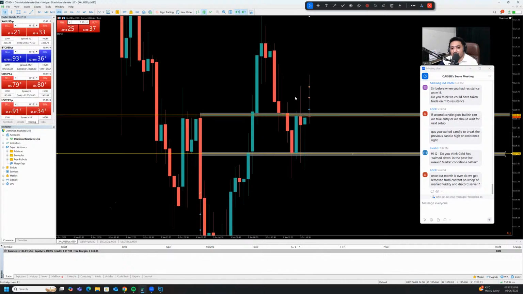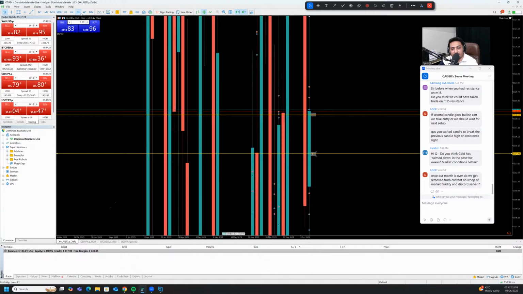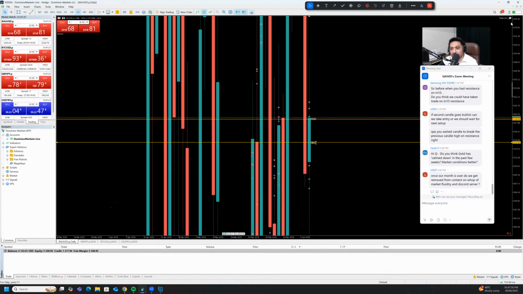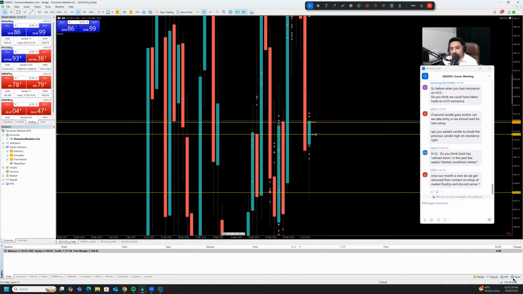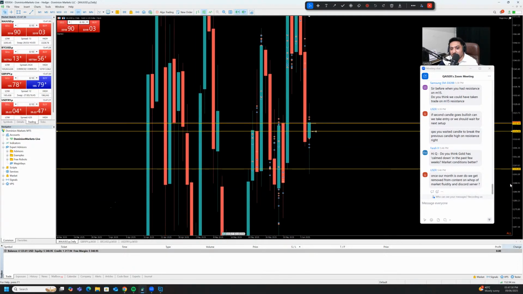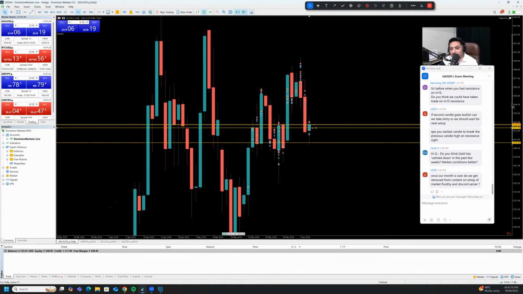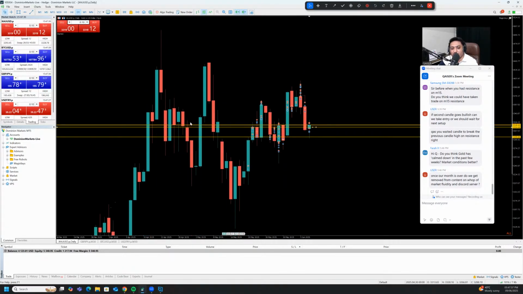So yes, it will get clear. The market will never always give you clean moves. It can stop anywhere. Look at this daily time frame. Suppose it's not a daily time frame, it's a 30-minute time frame.